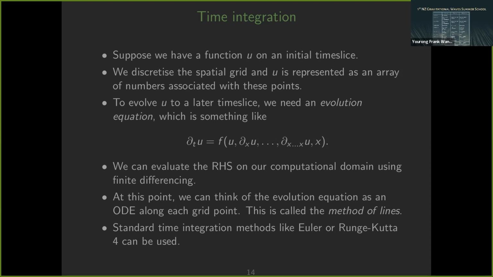And we find that the right-hand side just turns into a set of numbers corresponding to each grid point, at which point we can do something like Euler or Runge-Kutta to evolve that from t equals 0, for example, to t equals 0 plus a small step. And that is essentially the process.